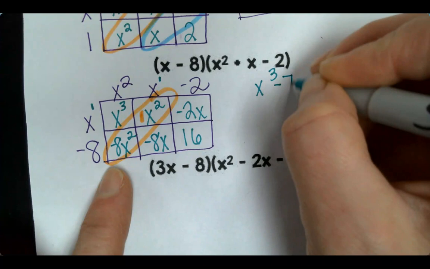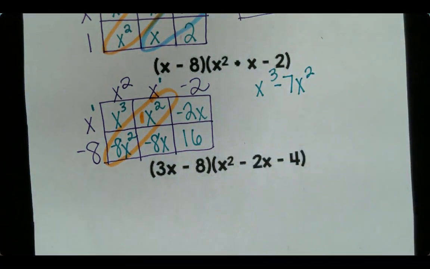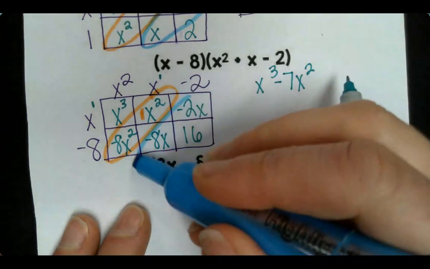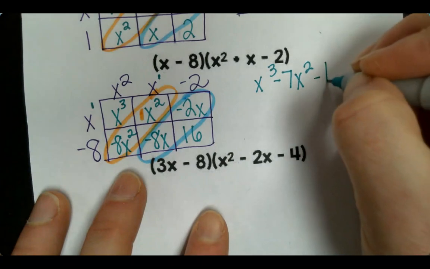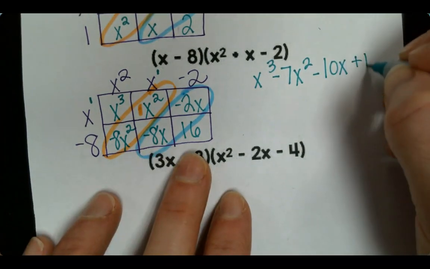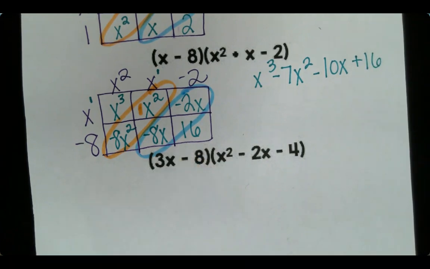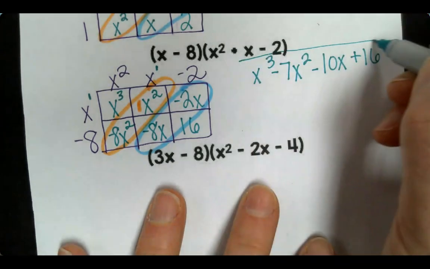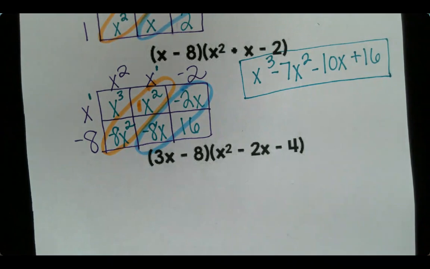So that'd be a -7x squared. And then the other one, -8x and a -2x, -10x. And then 16 is positive, so plus 16. So if you struggle with positives and negatives, either multiplying or adding them, use your calculator. You've got it right in front of you.